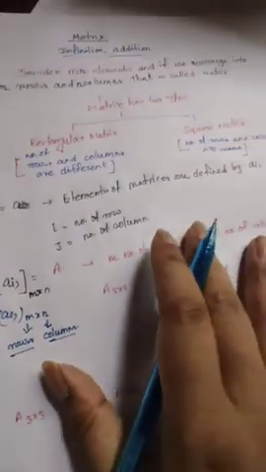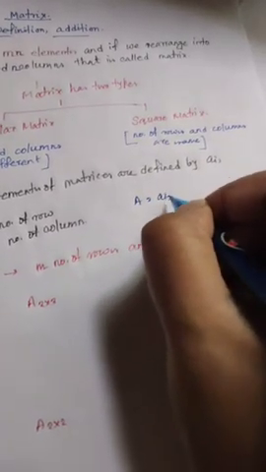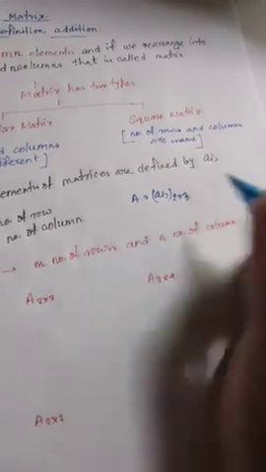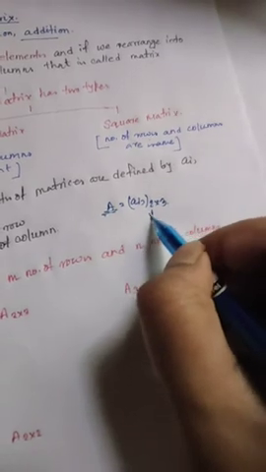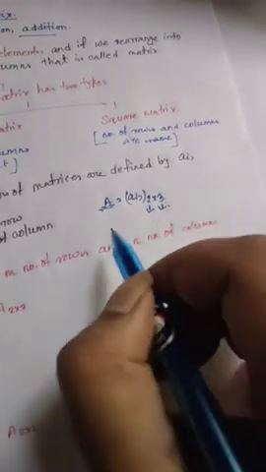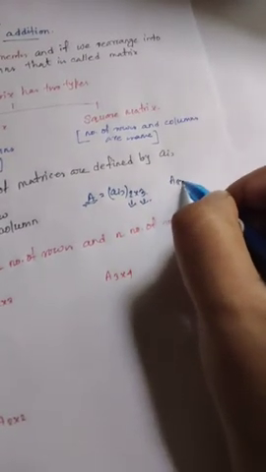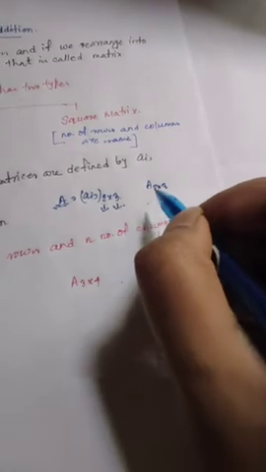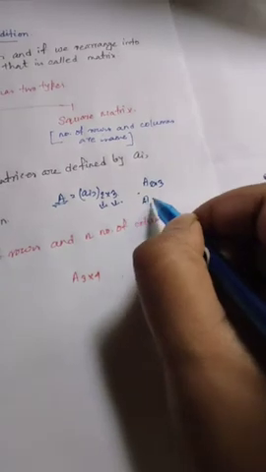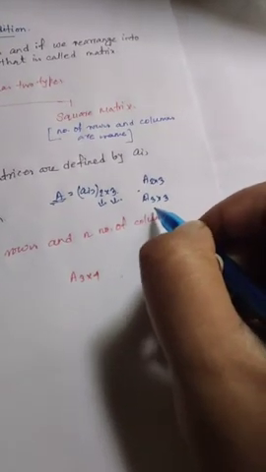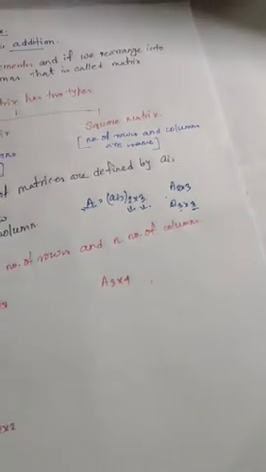Suppose we consider a matrix A equal to aij of 2 cross 3. That means this matrix A contains 2 rows and 3 columns. Similarly, it is sometimes also written as A 2 cross 3; both are the same. Similarly, A 3 cross 3 means the number of rows is 3 and the number of columns is also 3.